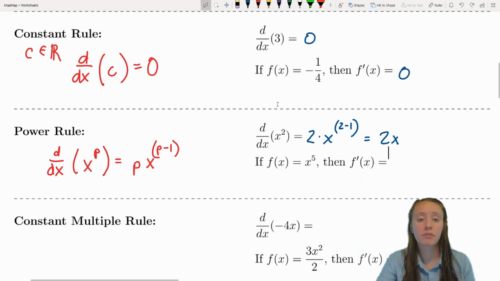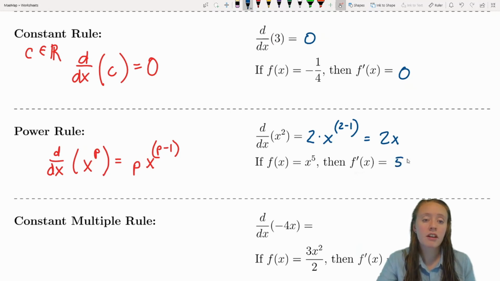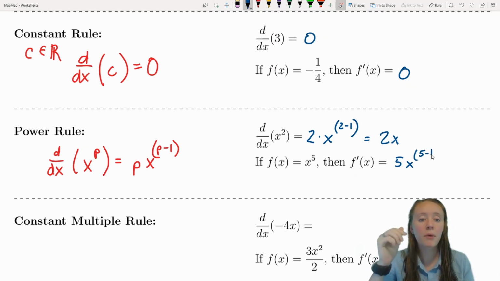Now our second example for this is if our function is x to the fifth, then the derivative f'(x) is going to be, bring that exponent down in front, 5x to our new exponent, that power minus 1. So this becomes 5x to the fourth.